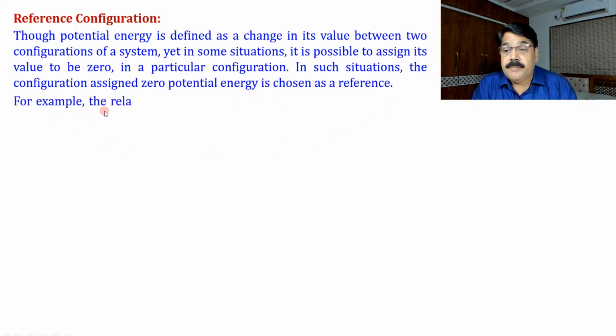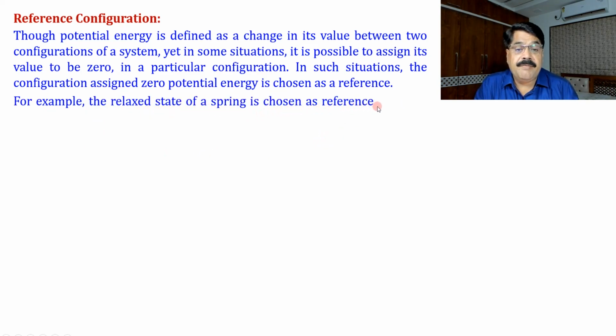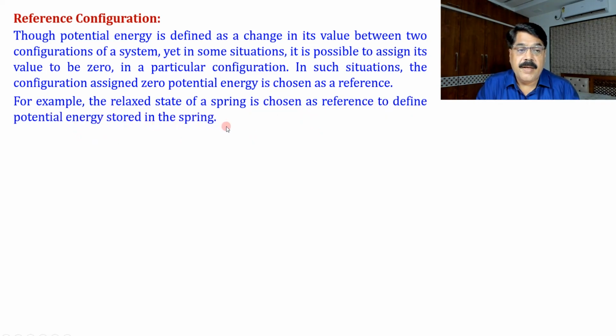For example, the relaxed state of a spring is chosen as a reference to define the potential energy stored in the spring. Actually, when we are defining potential energy, the simplest idea is that in the relaxed state we say there is no stored energy in the spring. So this configuration of the spring is taken as the reference.